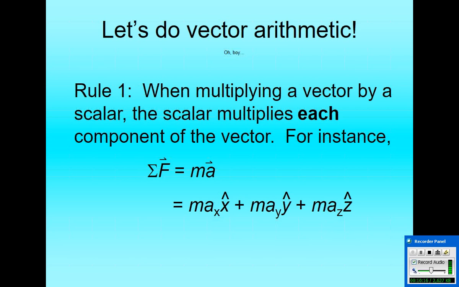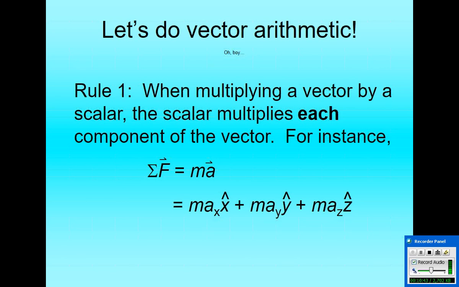An equation that we'll see later this semester: the net force acting on an object equals the mass of the object times the acceleration of the object. Mass is a scalar quantity, acceleration is a vector quantity. So when I do the number crunching, I have to take the mass and multiply it by the x component of the acceleration, and that gives me the x component of the product.